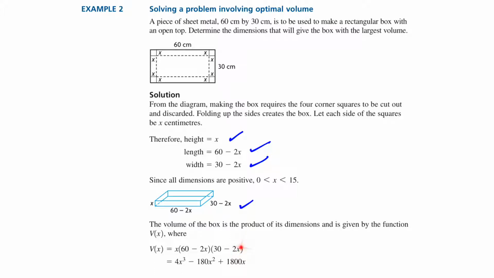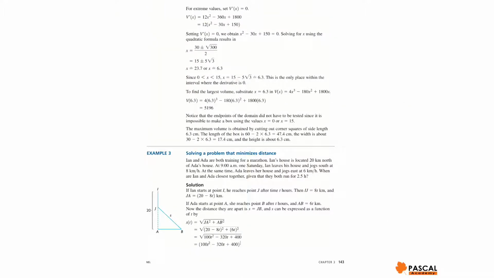Obviously, x is greater or equal than 0 and smaller or equal than 15, since 30 divided by 2 is 15. The volume is x times 60 minus 2x times 30 minus 2x, which is 4x^3 minus 180x^2 plus 1800x, and x is between 0 and 15.